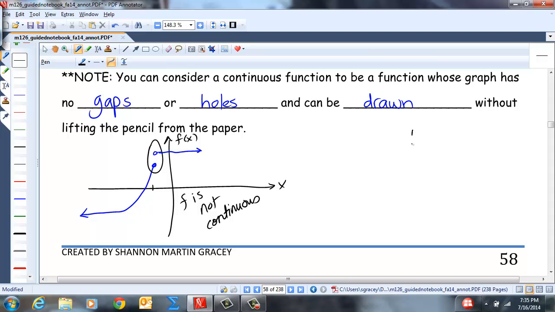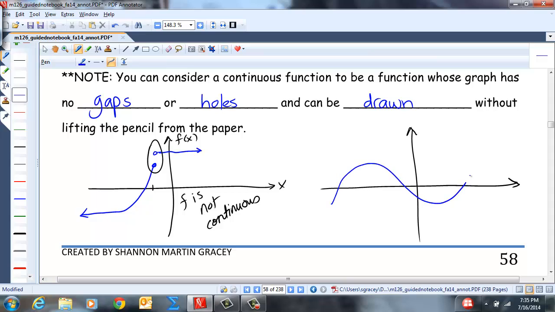So if we did something over here, and basically, if you can draw the graph without lifting your pencil, except of course at the end of the page, this one is an example of a continuous function.